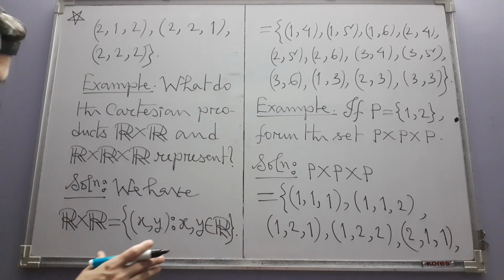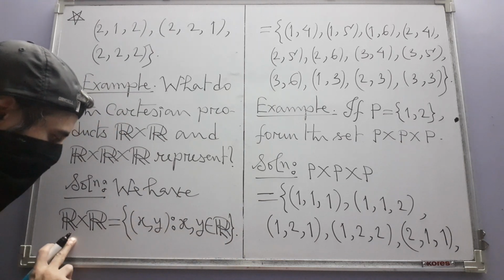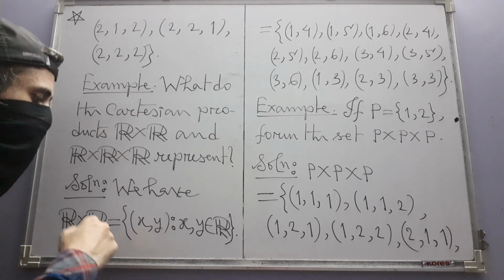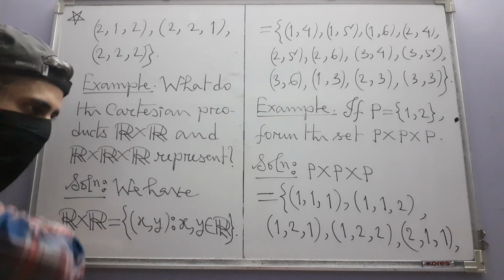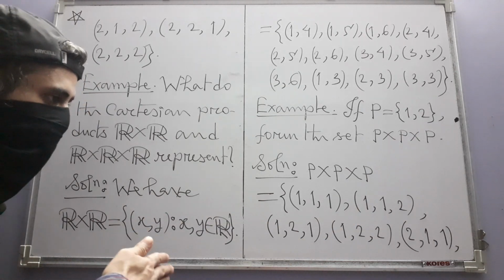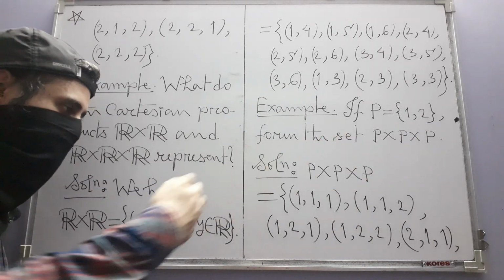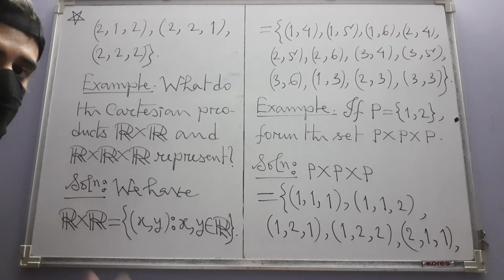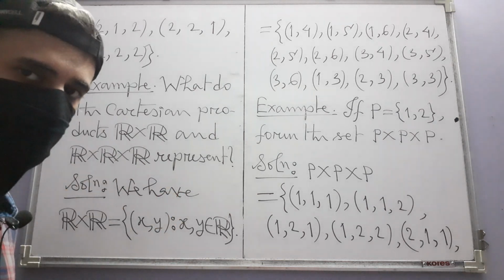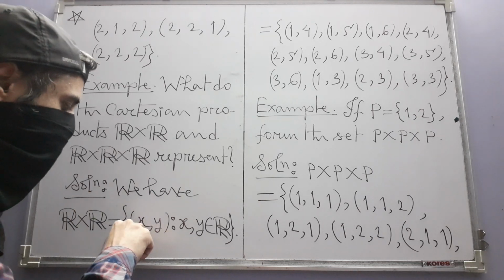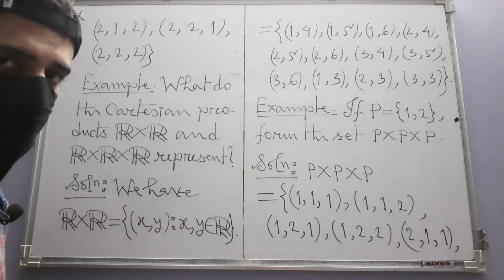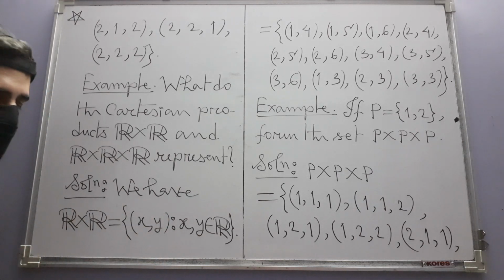So looking at this, you can clearly see that this set represents the set of coordinates of all points in a two-dimensional plane. Once you have chosen an x-axis and a y-axis, that is a Cartesian coordinate system in the plane, each point can be associated with a pair of coordinates.